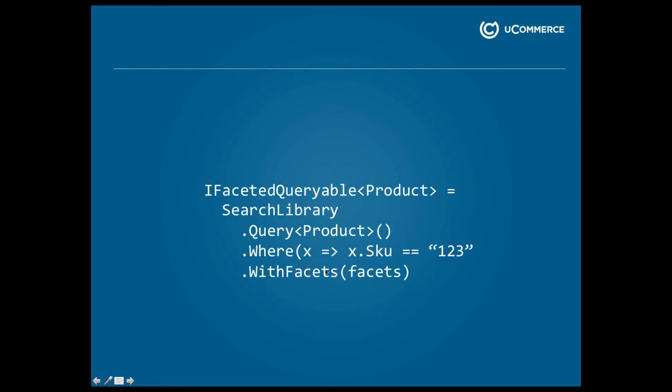So you start out with a LINQ query, get to where you want to go, and then you add on the dynamic aspects of the query. The facets here would be a list of strongly typed facet classes that are then converted to the query. So a nice way to almost stay in the strongly typed world, almost.